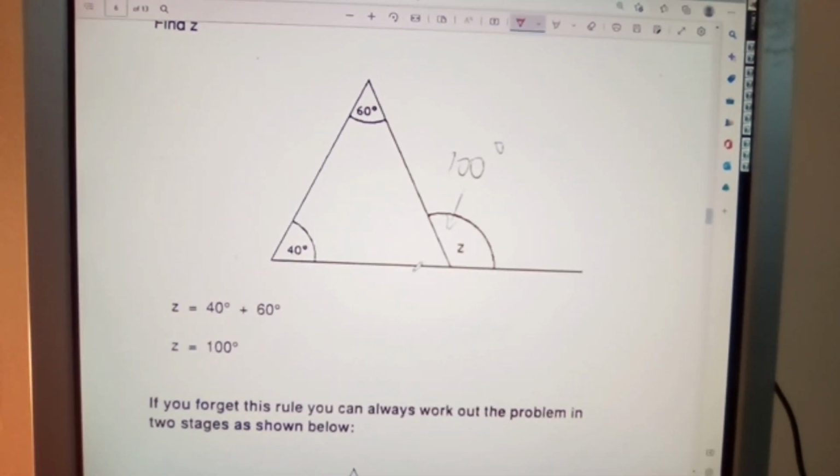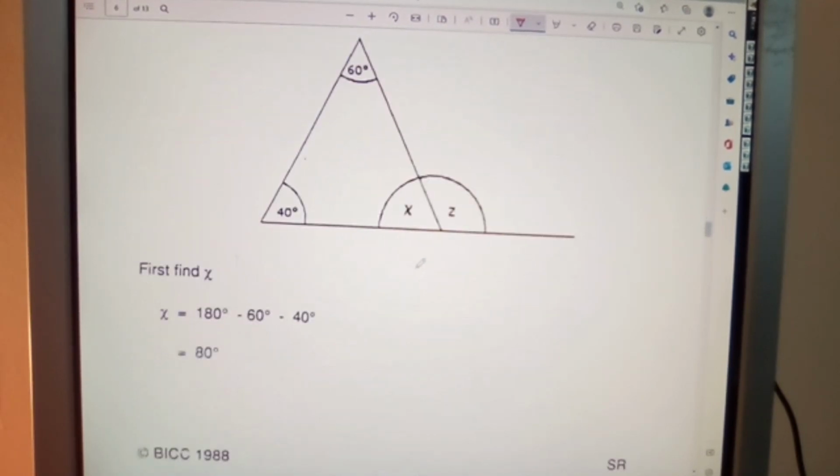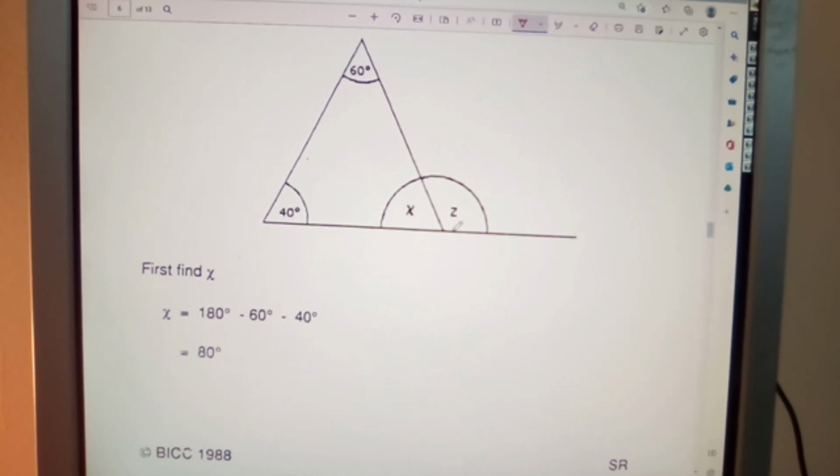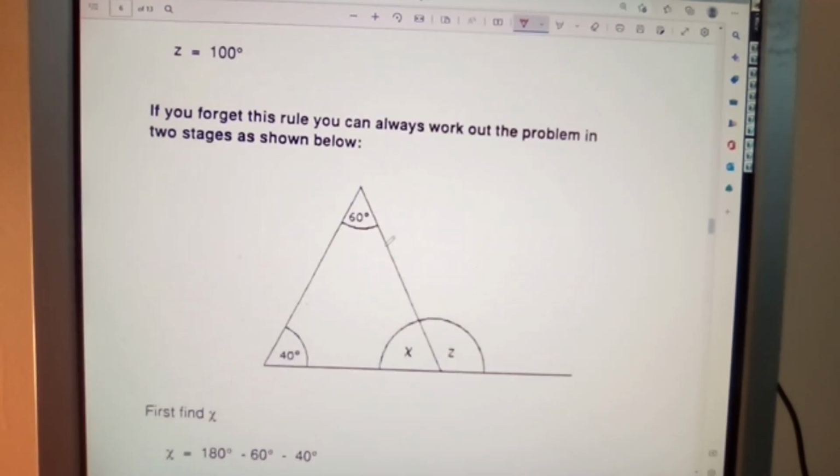These two angles are equal. So X will be 80 degrees.